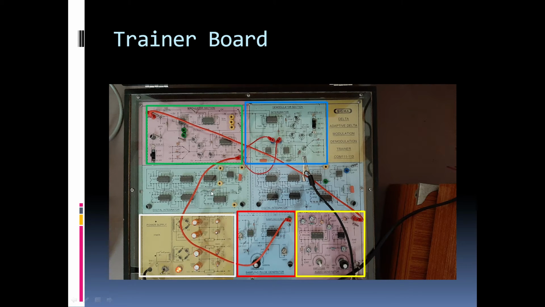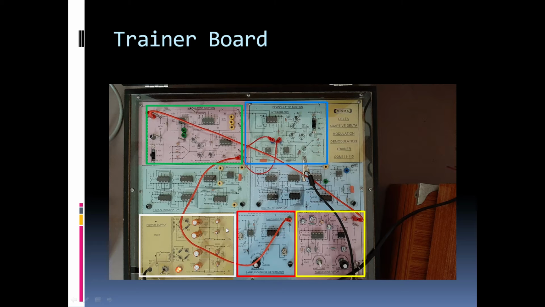If you look at the various blocks that we are going to use, they are the delta modulator section here in green, the demodulator section in the blue color, the power supply section in white, the sampling pulse generator shown in the red color, and the audio generator shown in the yellow color.